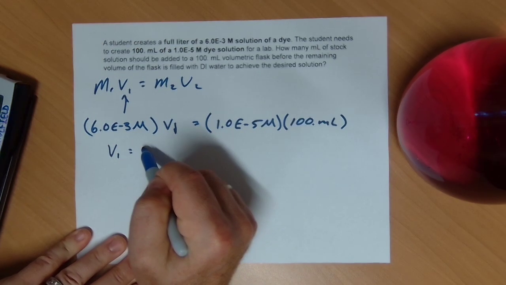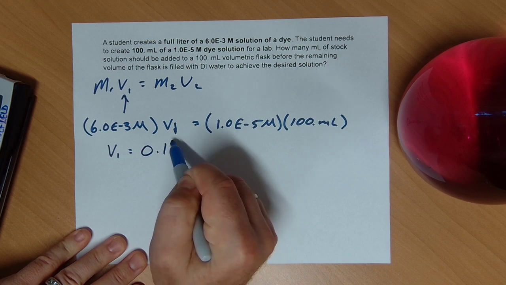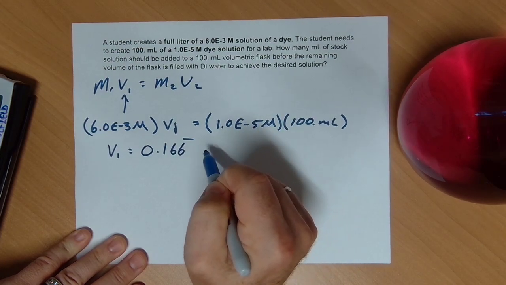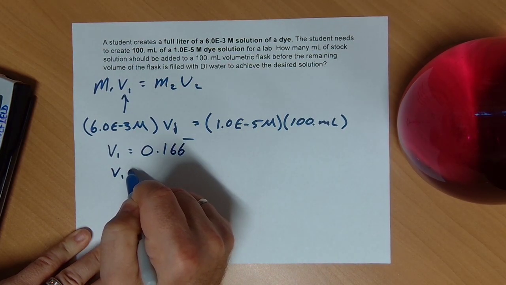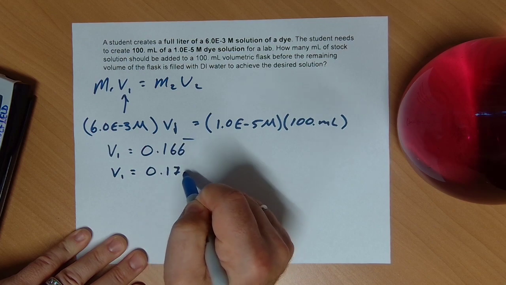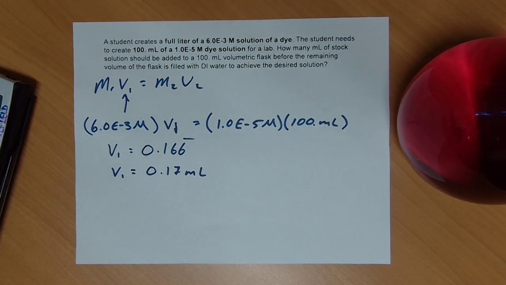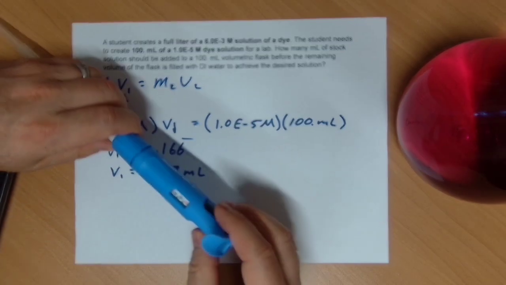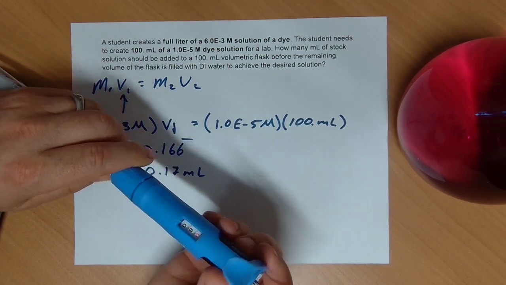This is going to be 0.166 repeated and so on, okay? However, with my significant figures, V1 is going to be 0.17 milliliters.